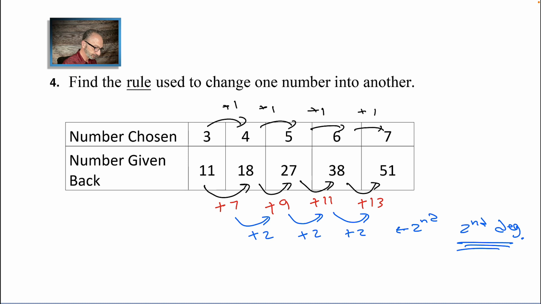Now, to see what's going on, we're thinking second degree because we do want to build a system of equations and solve.